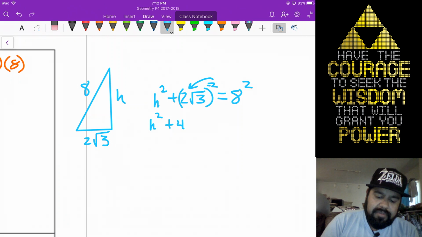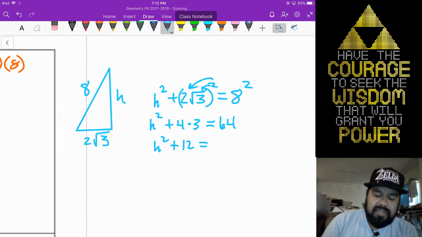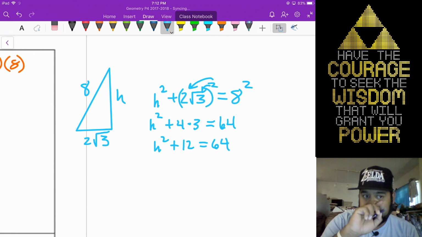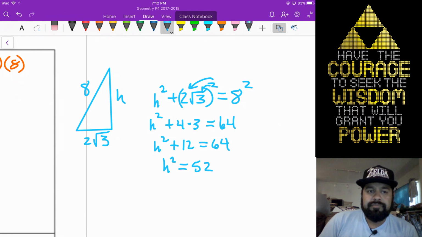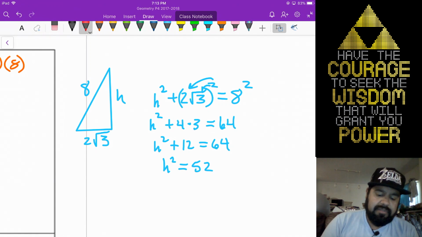The square root of 3 squared is just 3. 8 squared is 64. So then I have h squared plus 12 equals 64. So then h squared is going to equal 52. We're going to go ahead and take the square root of both sides.